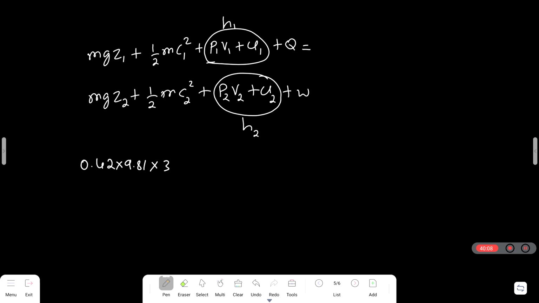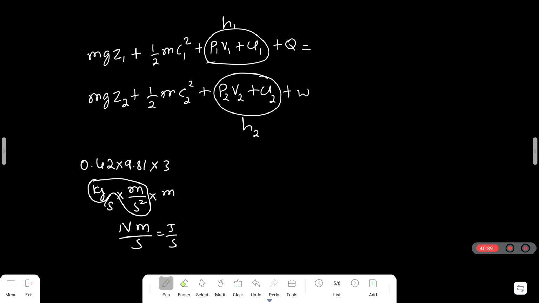Just multiply this. Units are kg per second, meter per second square, plus meter. So it is kg per meter second square, mass into acceleration, Newton meter per second. So I'll get it in joule per second.